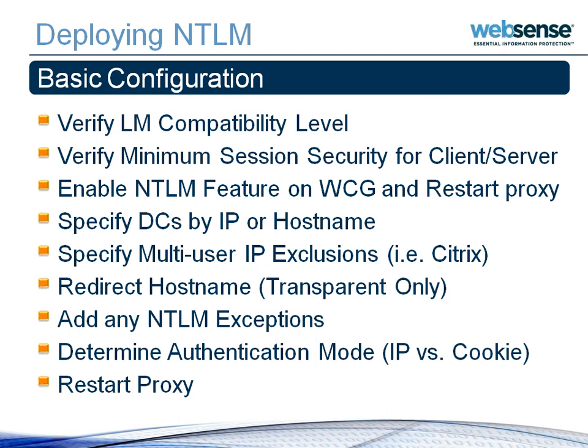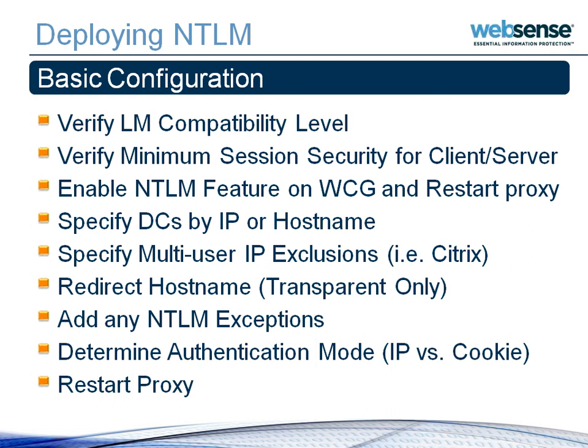Next, if you are deploying the WebSense Content Gateway in transparent mode, whether it's WCCP or policy-based routing, we have to configure the redirect hostname section, and that has essentially the IP address of the Content Gateway. We're going to add any NTLM exceptions.